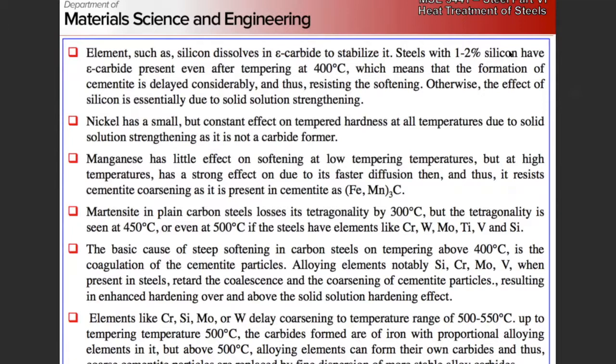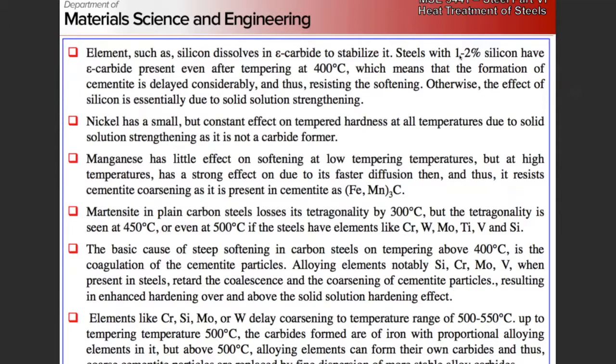Typically during stage 2 and 3 of tempering, we transform the epsilon carbide to cementite. Silicon will stabilize the epsilon carbide and prevent the formation of cementite, and retard that softening.